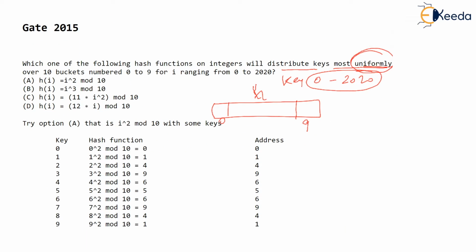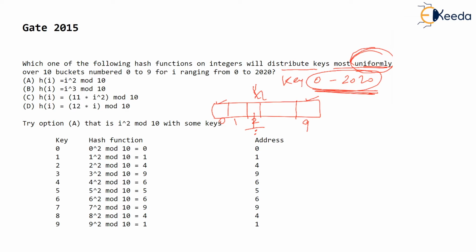So what we mean by uniform over here is that all the places from 0 to 9 are equally likely to be used, and you will never see that out of these keys 0 to 2020, so many keys we are hashing, after hashing all these keys, maybe element number 2 remains empty. It will never happen if it is uniform hashing.